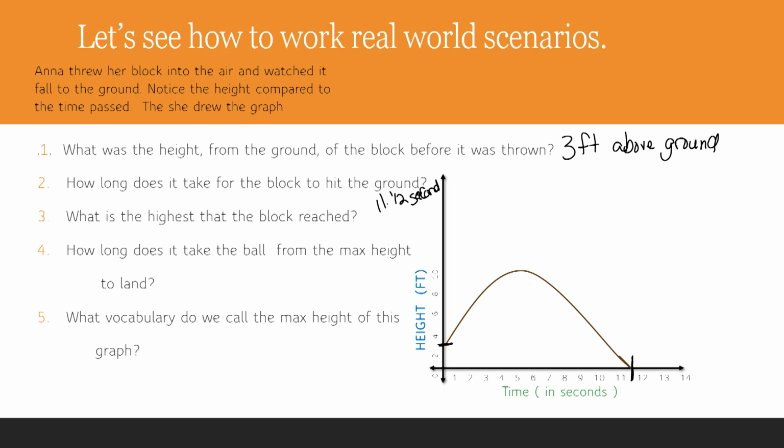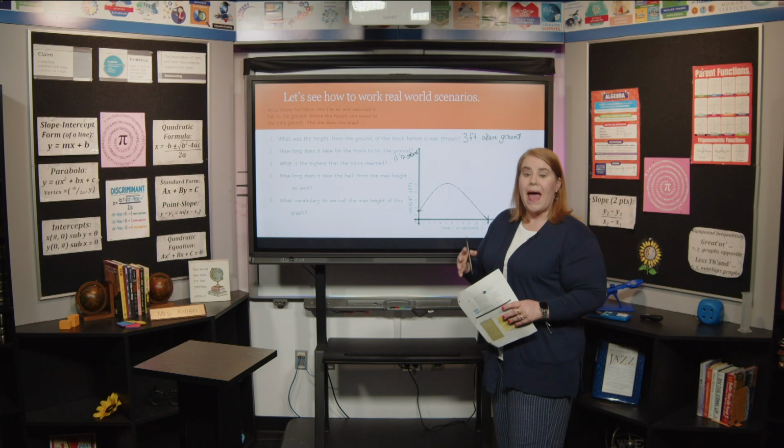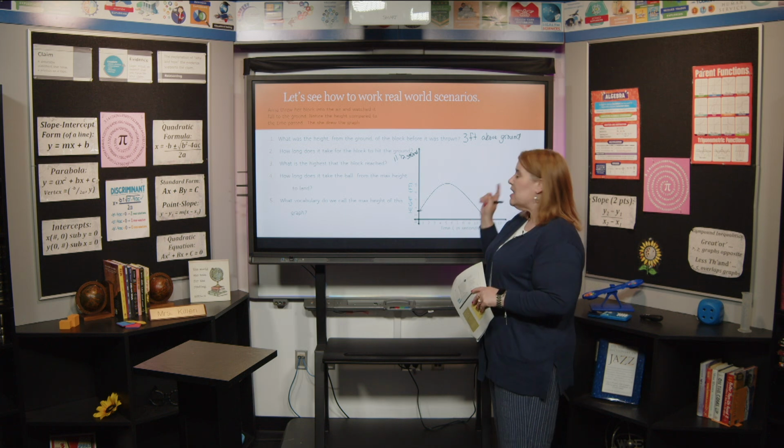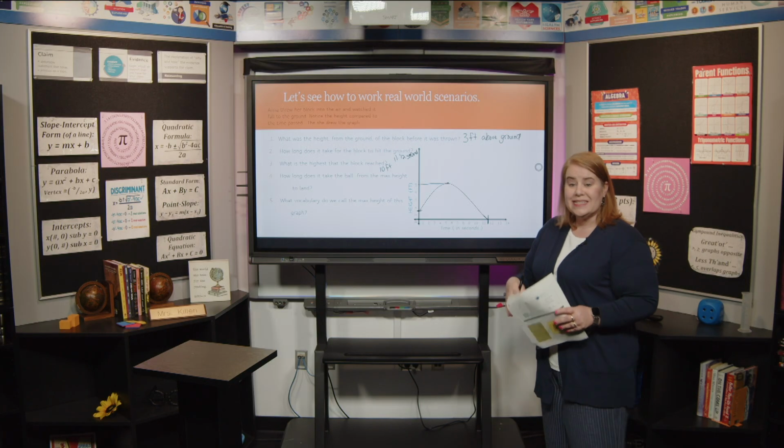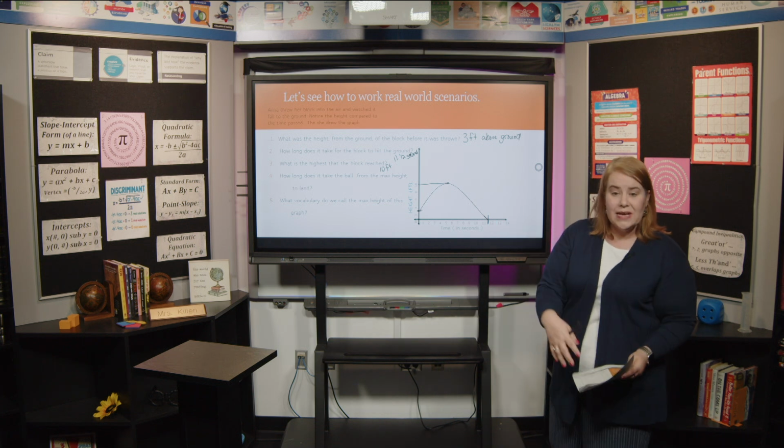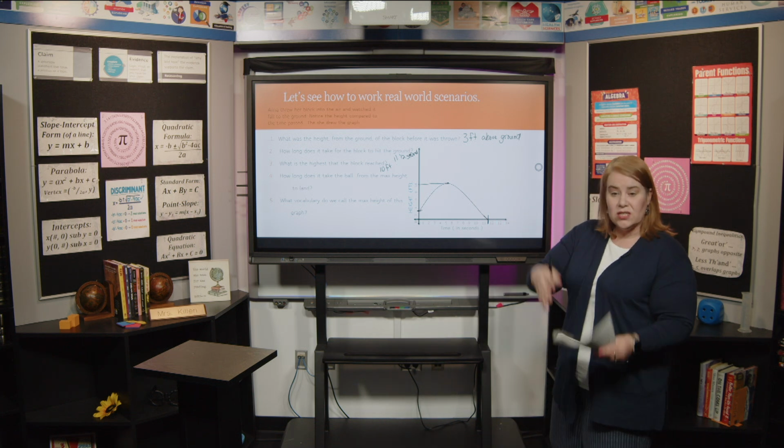Now this is where we look at that vertex, that maximum of this parabola. So here is my height right here. This is the highest point of this parabola. And we see that it is at 10 feet. So when she throws this block, it goes all the way up to 10 feet before it starts its descent or decreasing in its feet to the ground.